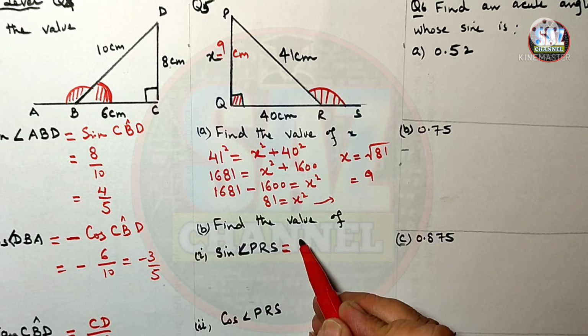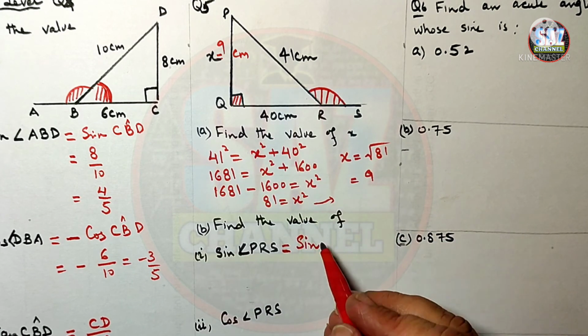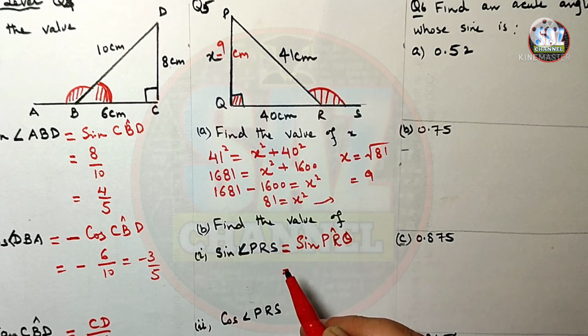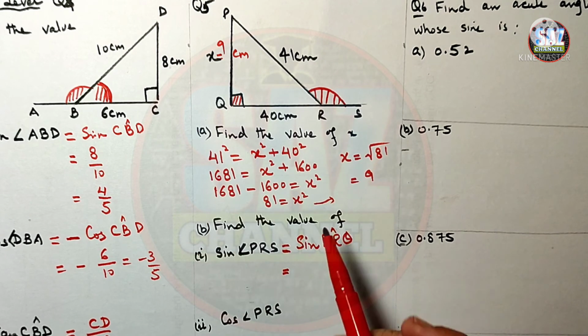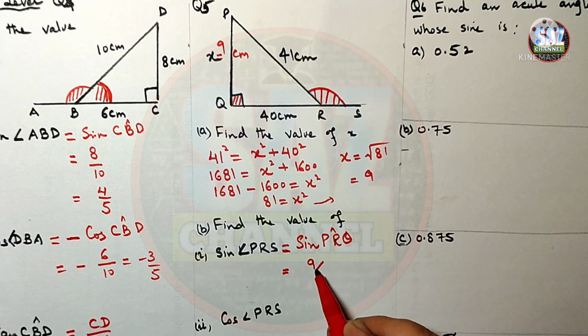The sine of obtuse angle will be equal to the sine of the acute angle, which is PRQ. And the formula for sine is opposite upon hypotenuse, and that will be equal to 9 by 41.